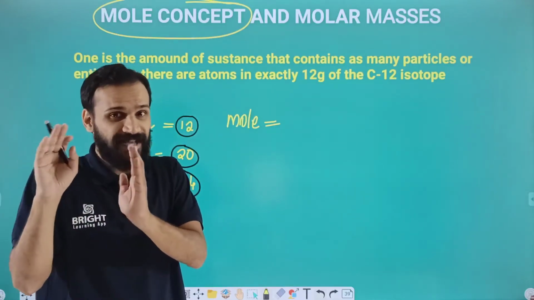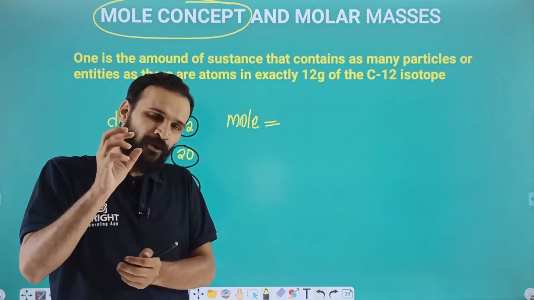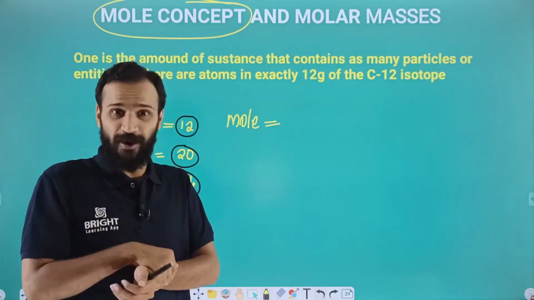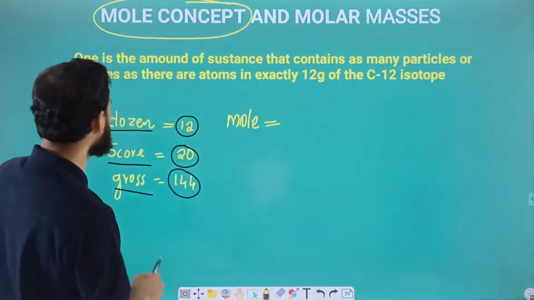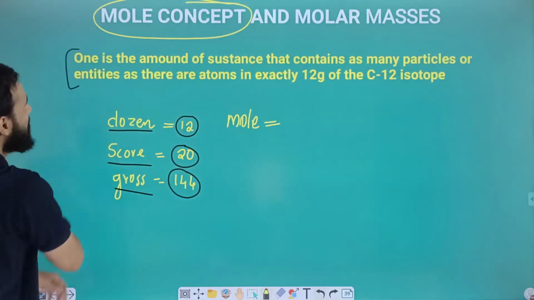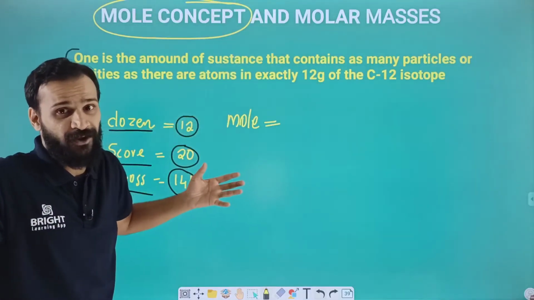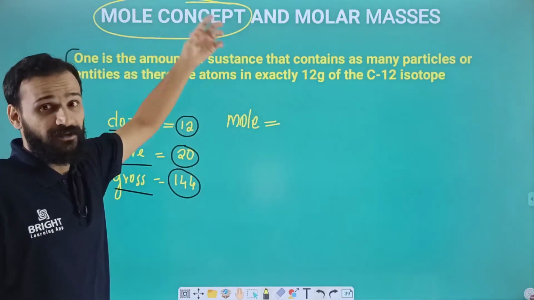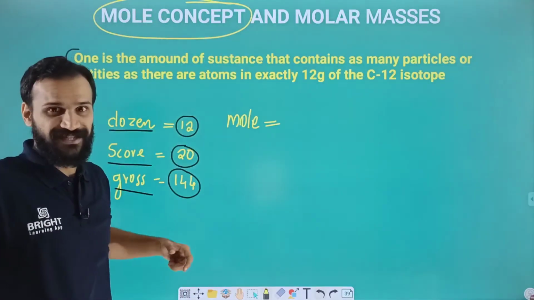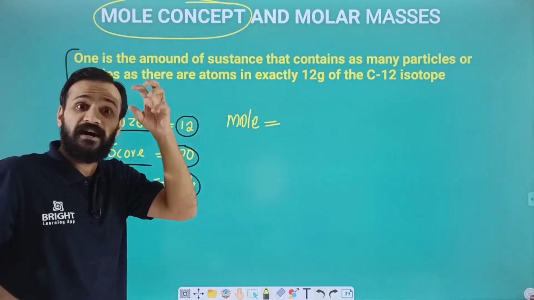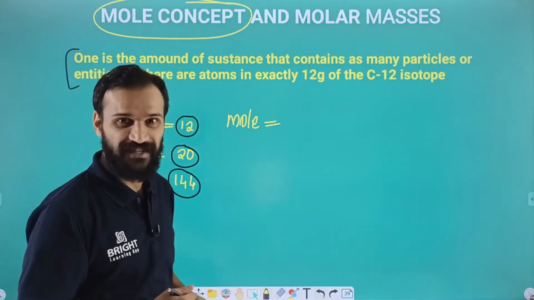before we learn that number, we must know how we can define mole. The definition is already given here. 1 mole is the amount of substance. Already we know mole is a unit to represent amount of substance, the 7th base quantity in the SI system, isn't it?